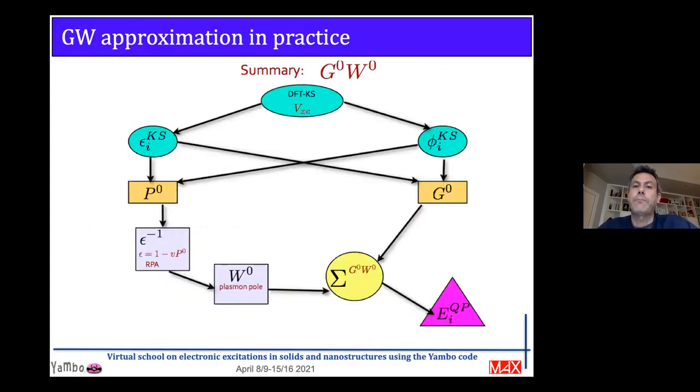To recap, the workflow of our calculation always starts from a Kohn-Sham DFT calculation. You choose your exchange-correlation potential. From the eigenvalues and eigenfunctions, you can build your non-interacting Green function and your polarization P0. Then, with the polarization, you can build your screened interaction, also frequency dependent, for instance via the plasmon pole approximation, and then solve the quasiparticle equation and obtain the quasiparticle energy.